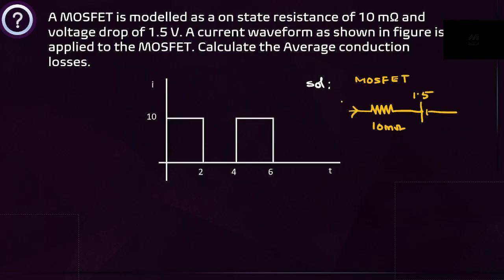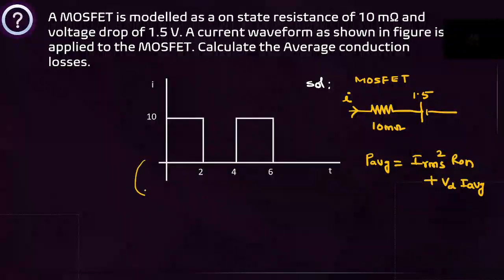If this current is applied, calculate the average power loss. One is resistance, another is voltage drop. With respect to resistance, we use the RMS current, I RMS square into R on. With respect to voltage drop, we use VD into I average.